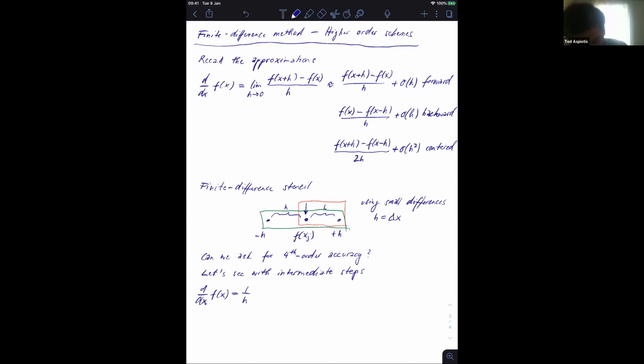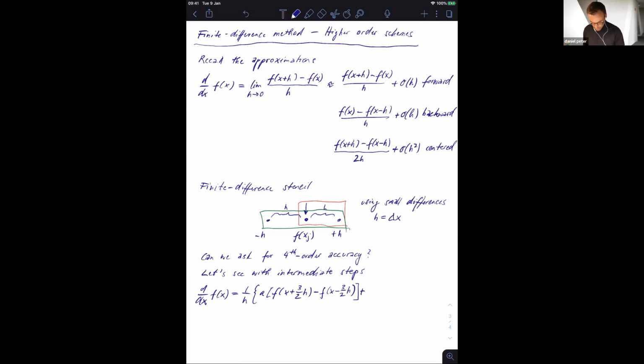If we do so, then what we can look at is a scheme that has a coefficient a times, now let's use an intermediate step of 3/2 of h, f of x plus 3/2 h minus f of x minus 3/2 h. So that would be like a centered scheme with an intermediate step of 3/2 h.